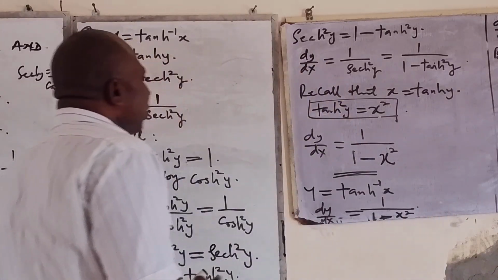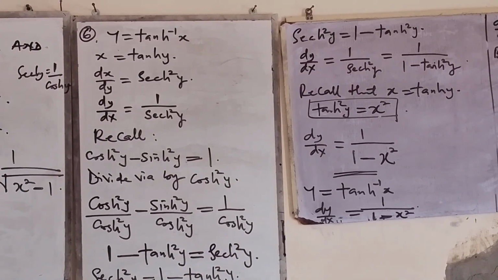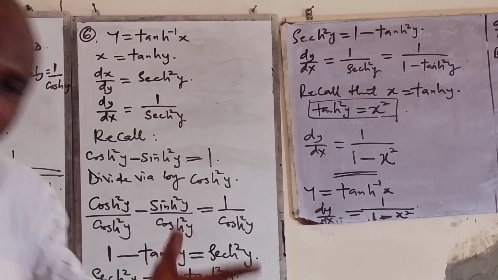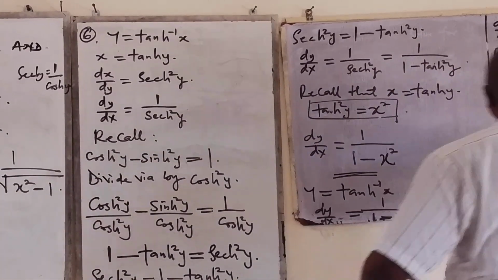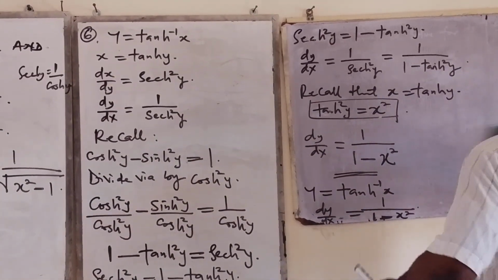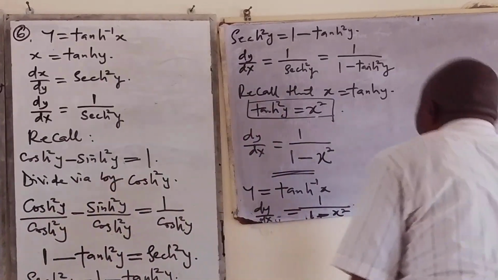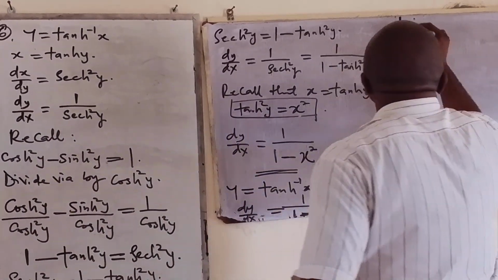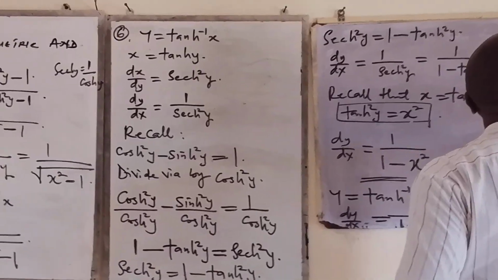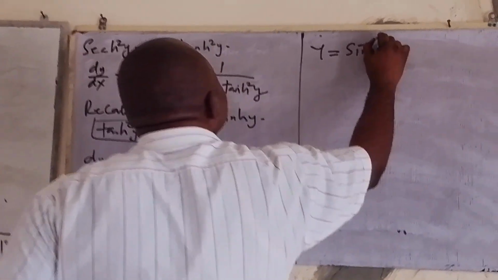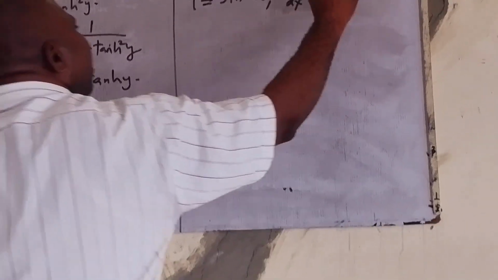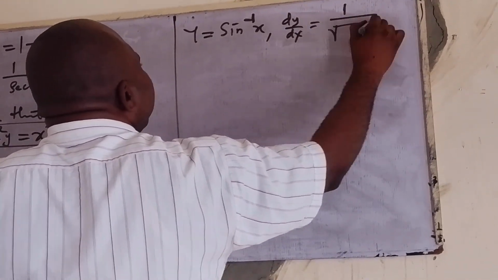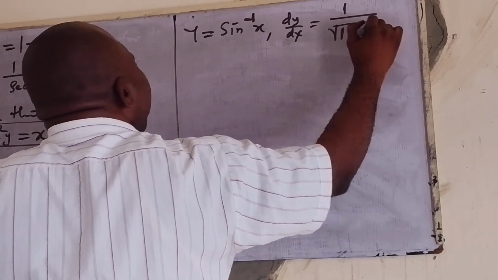Now we are going to recall the whole of this because we are going to be using them under substitution in integration. Now let's look at the summary of the whole functions. For trigonometry, if y is equal to sine inverse of x, dy over dx will be equal to 1 all over the square root of 1 minus x squared.